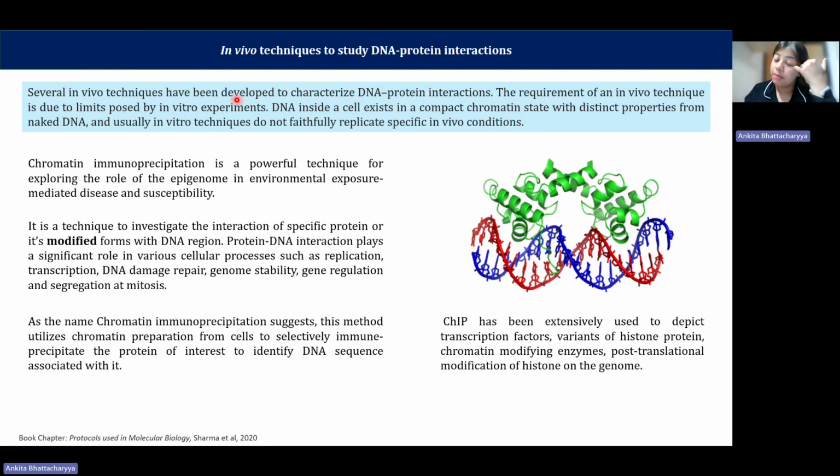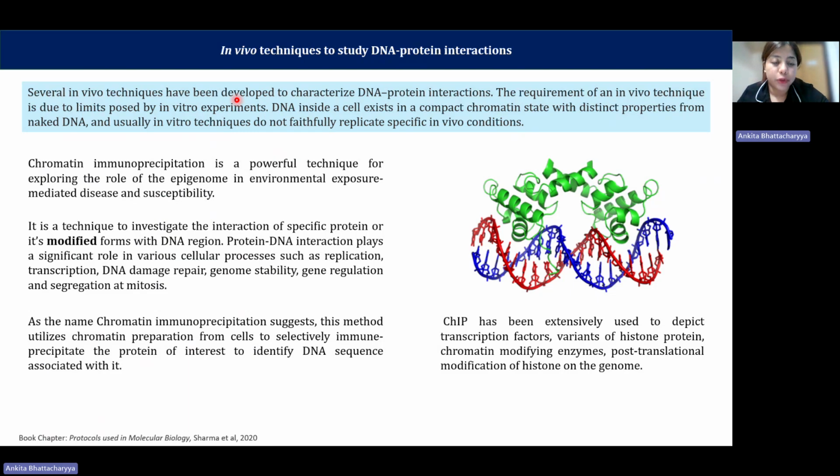So basically, what I mean by that is that certain histone marks are considered to be activating, some of them are sometimes considered to be repressive, and so on and so forth. So there are variations in this context as well. And if you specifically want to capture, say, for example, active chromatin, then in that state, it is a good idea to capture histone modification, which is activating in nature, and then study the same.